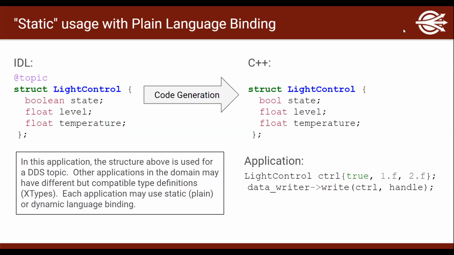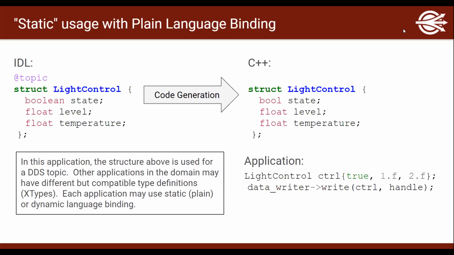You can adjust its intensity and you can adjust its color temperature. Code generation allows that to be converted to a C++ type, which essentially resembles the same thing with the struct, but there's also an additional piece of metadata called the type object, which is then made available to the middleware to where it can publicize that in discovery.